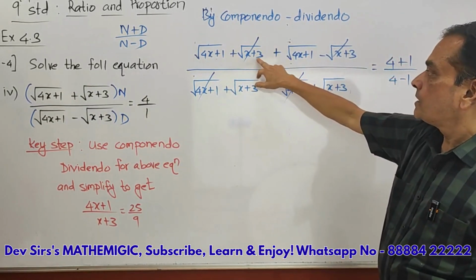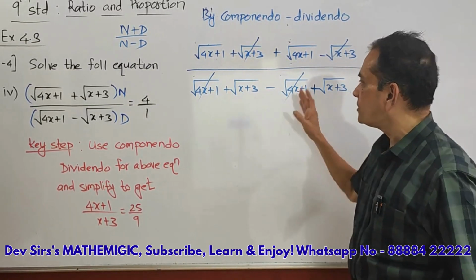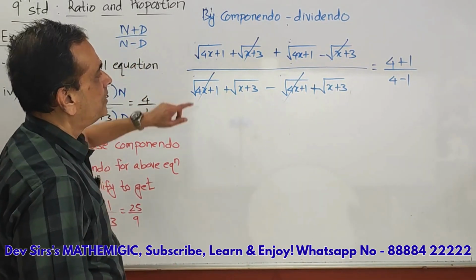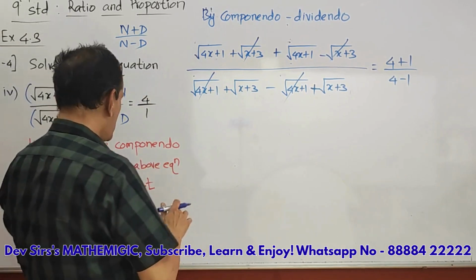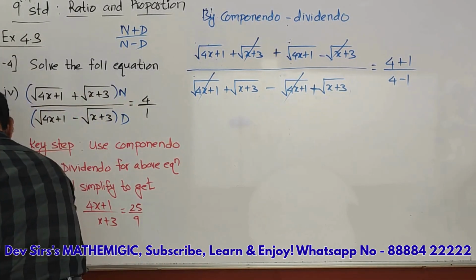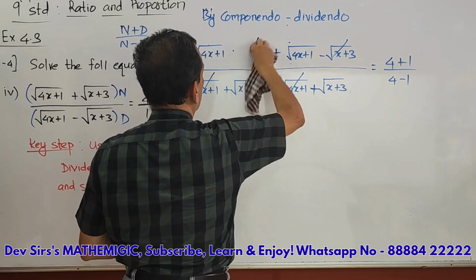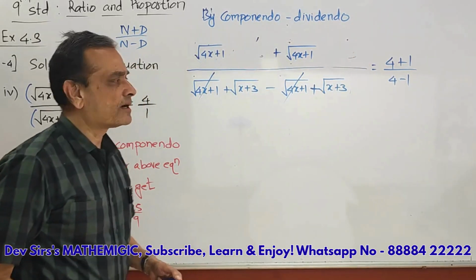So as one term gets cancelled in the numerator, the other term cancels in the denominator. Followed? Now what remains? See, this cancelled, so I am removing what got cancelled.